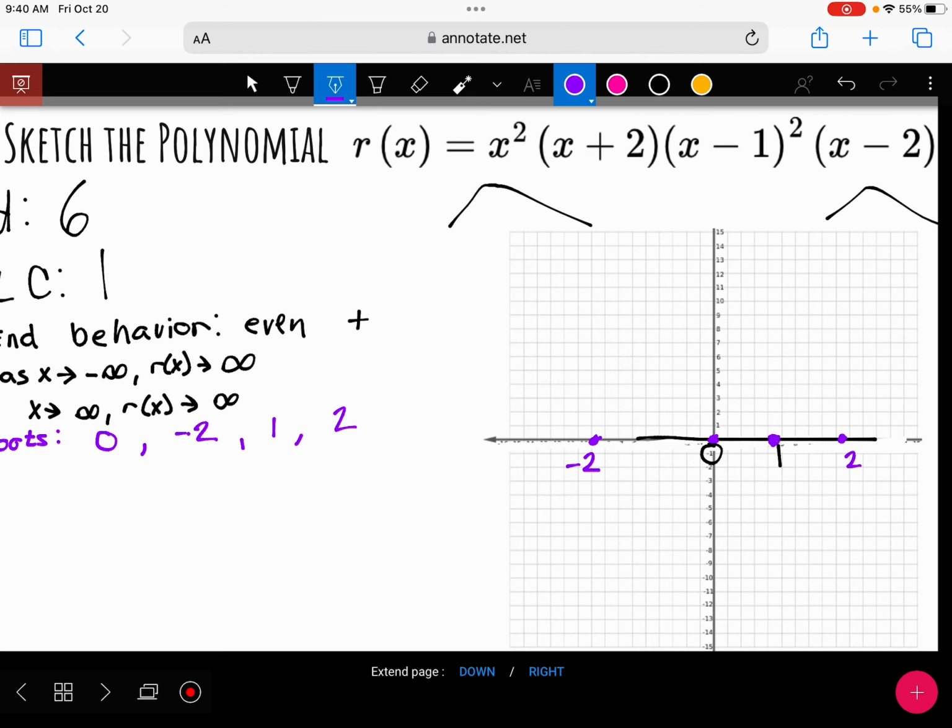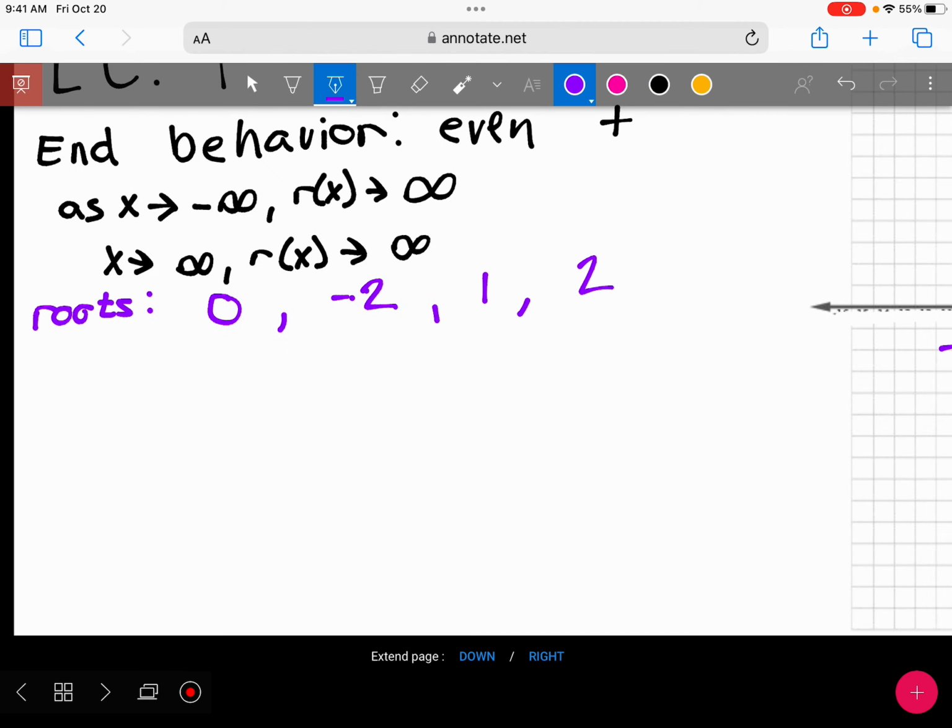So then we're going to do our positivity table. So we're going to need to use all of our pieces. We're going to use our x squared. We're going to use our x plus 2. We're going to use our x minus 1 squared. And we're going to use x minus 2.